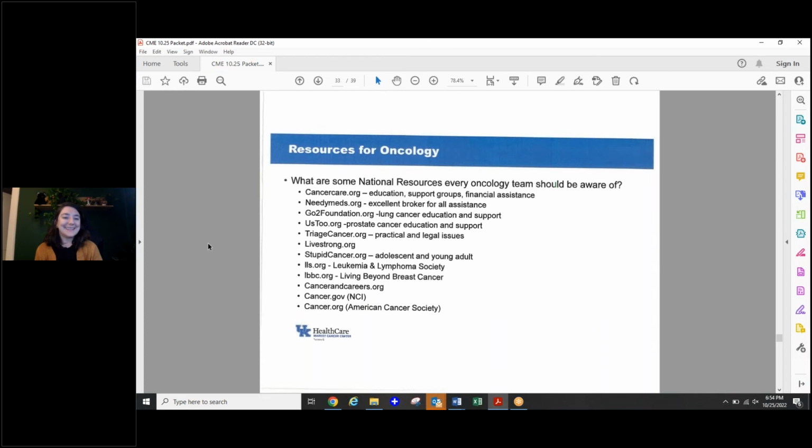So again, this is something that is just helpful to reference. These are some of the resources that myself and my colleagues use frequently. I'm not going to go through all of them, but they're just helpful to have in your back pocket. Triage Cancer is one that I love and go to frequently because it provides information about things like insurance, SSDI, finances, legal questions in really easy to approach language.